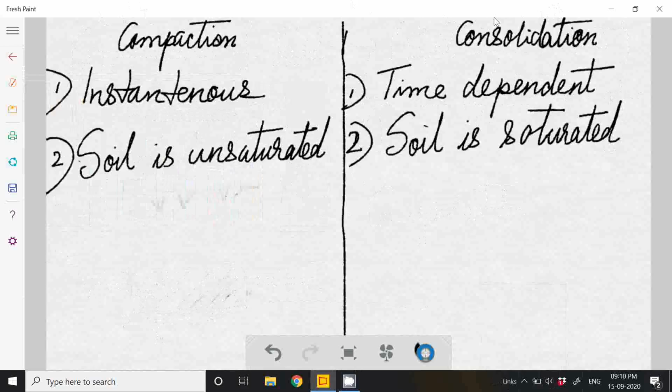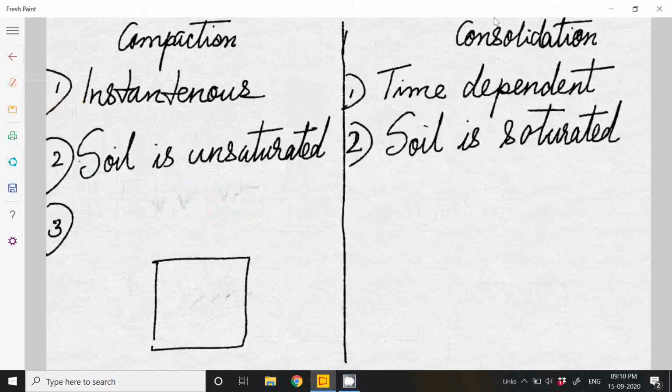That means in consolidation there is no air, the air is totally expelled. And number three, compaction happens due to reduction in the air voids. Suppose this is the soil. Soil is a three-phase system: soil, air, water.